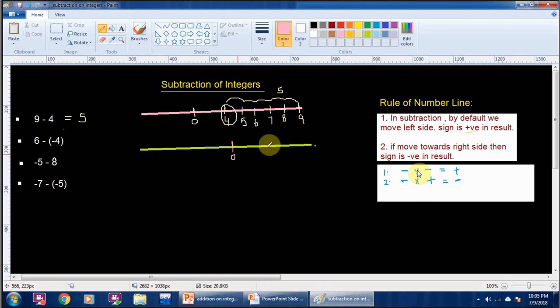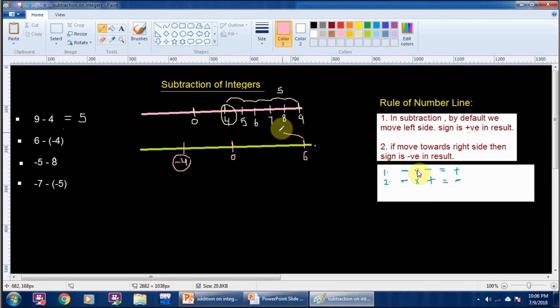In between these lines, this is the 0 and this is the 6. This is my starting point, and my target point is -4. It means I have to subtract -4 from 6. -4 is on the left side of the 0. Suppose -4 is at this point. This is my target point and 6 is my starting point.